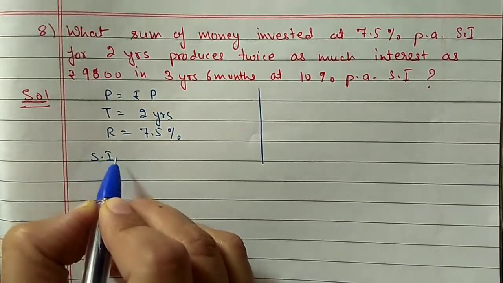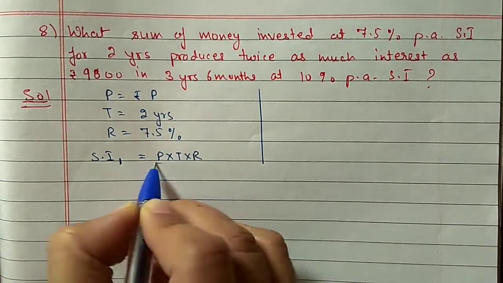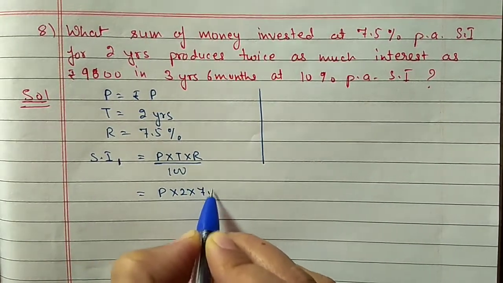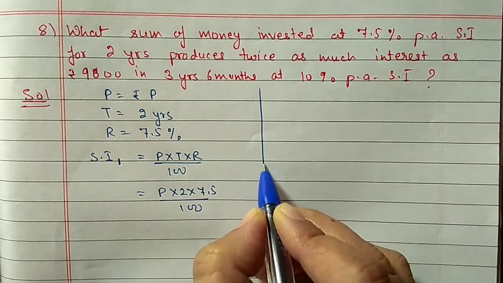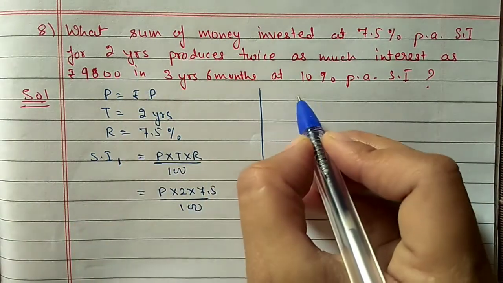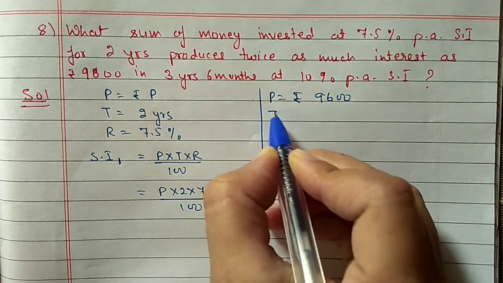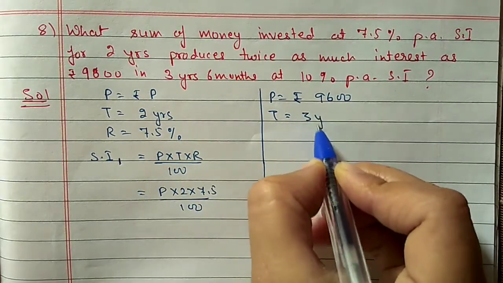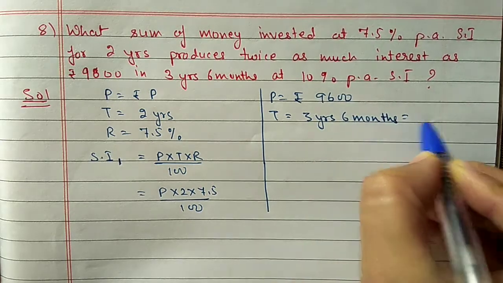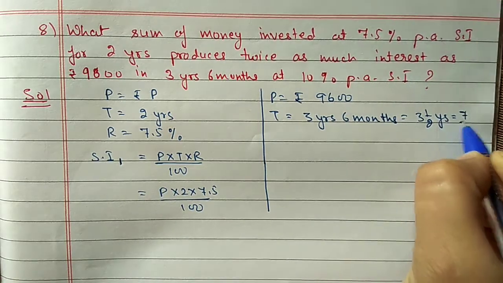So simple interest, first simple interest will become P into T into R by 100, means P into 2 into 7.5 by 100. Then in the second case they told principal money is 9,600, time is 3 years 6 months. 3 years 6 months means you can write 3.5 years, or 7 by 2 years.